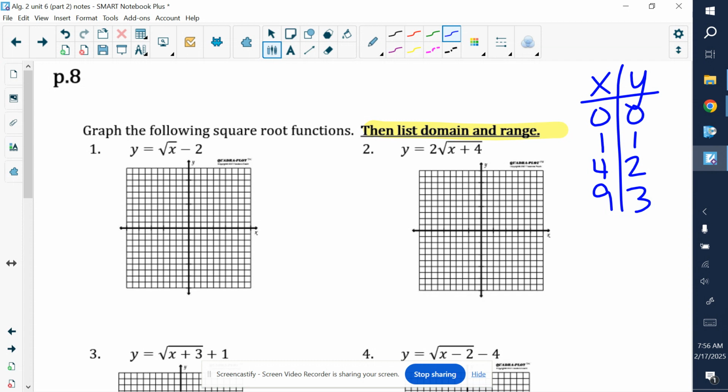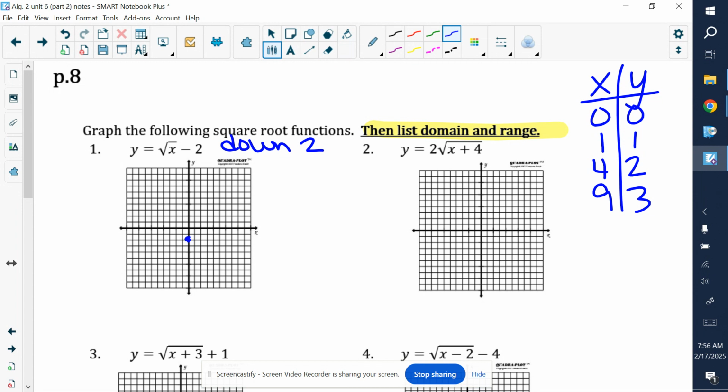That's good. So as I look at number 1, it is the square root of x minus 2. So that means I'm going to go down 2. So 0, negative 2 is my new 0, 0. Think of that as your 0, 0 value.